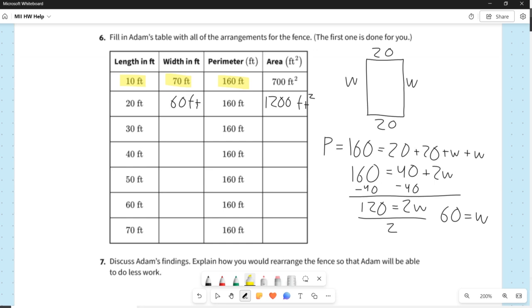In the second row, our length was 20, and our width was 60, and 20 plus 60 is again 80, which is half of the perimeter.